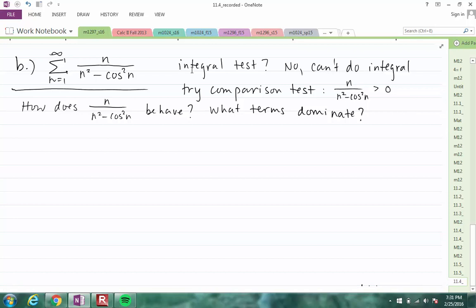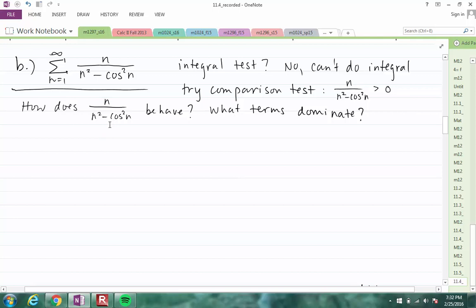The next thing is we need to characterize what that a sub n is doing and try to find a comparable series that we think behaves like our a sub n. A game you can play is asking which terms dominate when you have a fraction, in the numerator and the denominator, and just make a ratio of those things. Looking at the top, of course, we just got the one term.